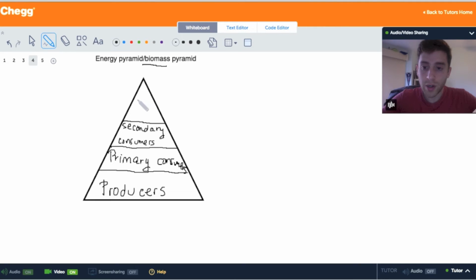And then the tertiary consumers are at the top. So as you see, as you go up and up, you have less and less energy as you go up the pyramid, which is why the biomass of plants is the greatest. So highest biomass, because they have the most energy available, so that they can create the most biomass.